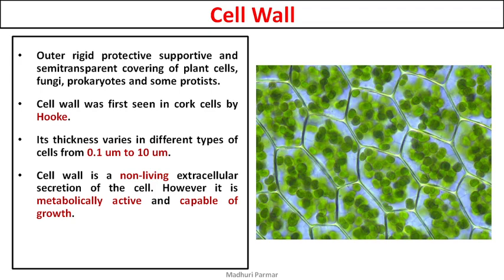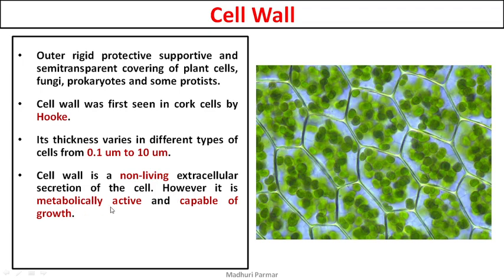If you see in your house, there are brick walls which do the function of protecting you from the environment, right, or compartmentalization. So cell wall is non-living. It is extracellular secretion of the cell. So the cell itself is secreting the cell wall. Okay, it is secretion of a cell.